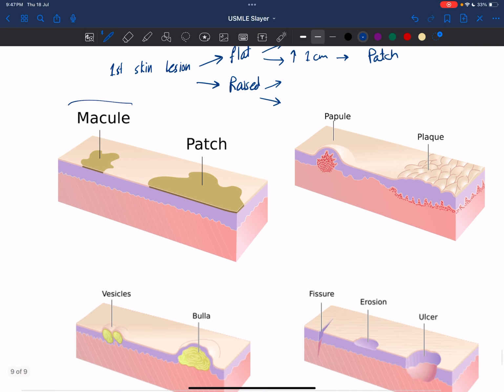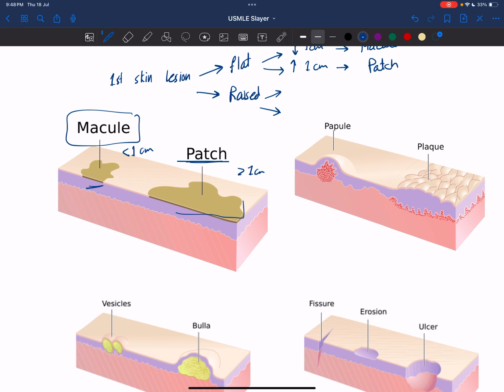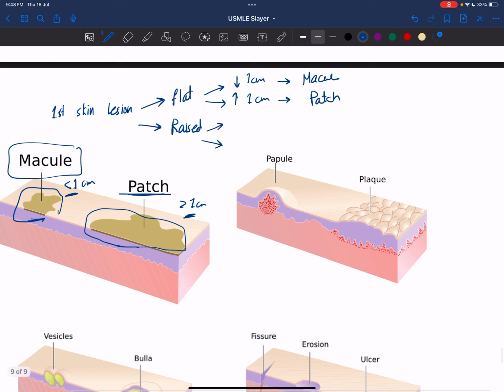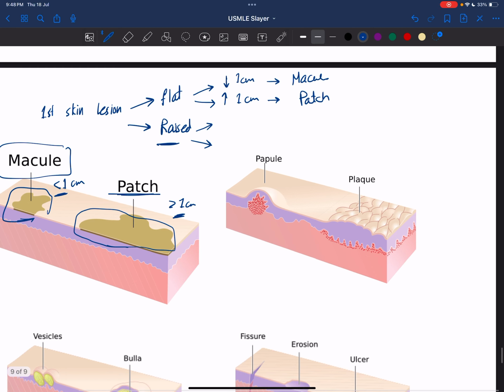As you can see here, a macule is less than 1 centimeter, and a patch is more than 1 centimeter. So these are both flat regions. One is just more than 1 centimeter and the other is less than 1 centimeter. For the raised ones, we also follow the 1 centimeter rule.